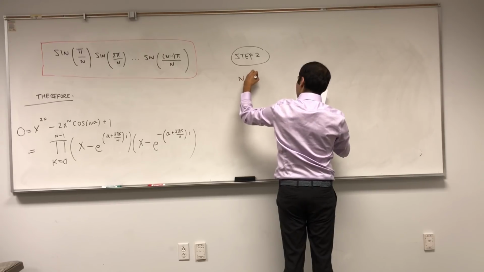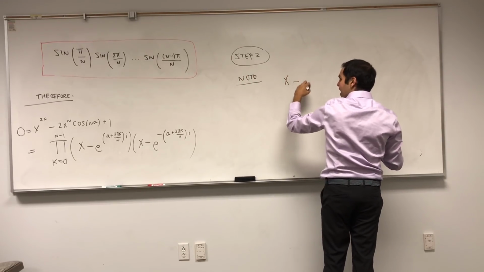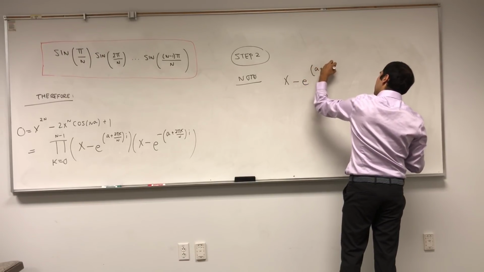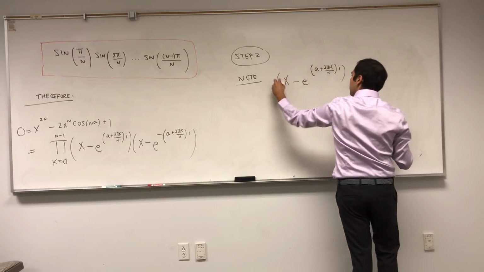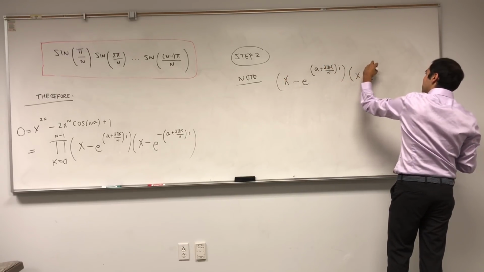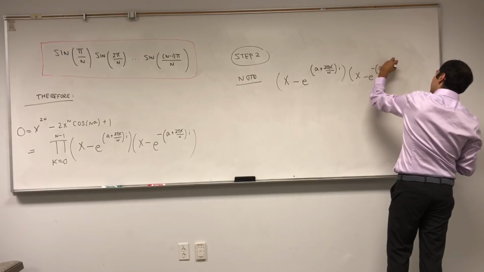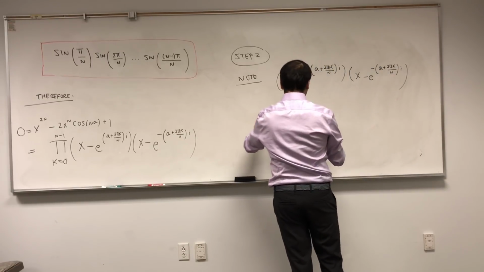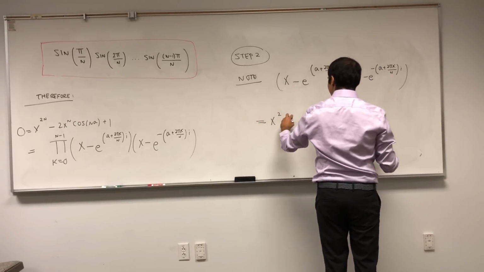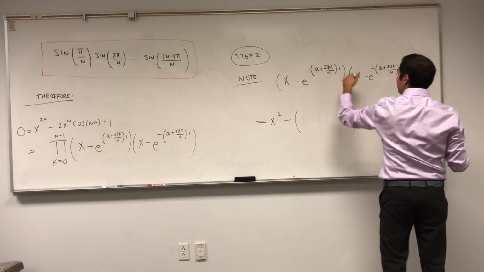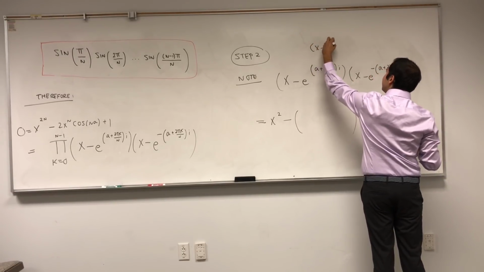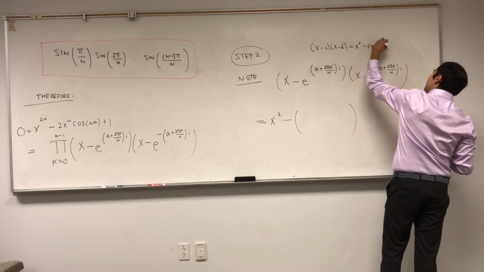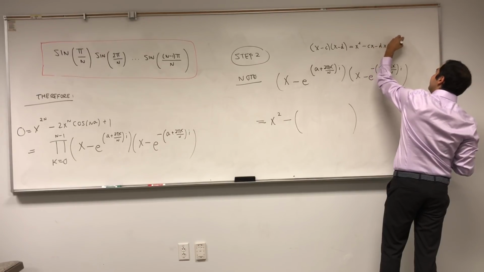Note that if you take x minus e to the (a plus 2 pi k over n)i, and then x minus e to the (minus a plus 2 pi k over n)i, you can FOIL it out. x minus c times x minus d is x squared minus cx minus dx plus cd.